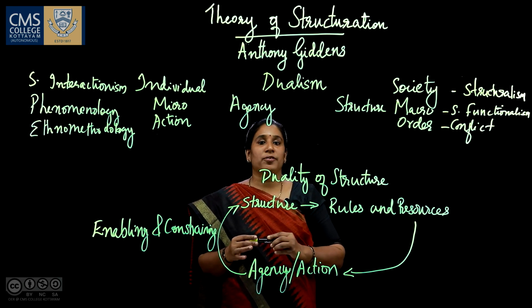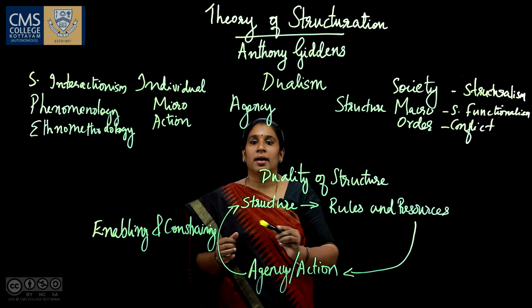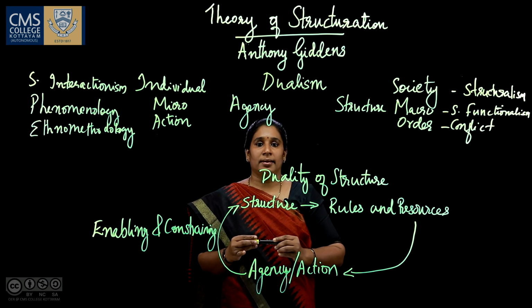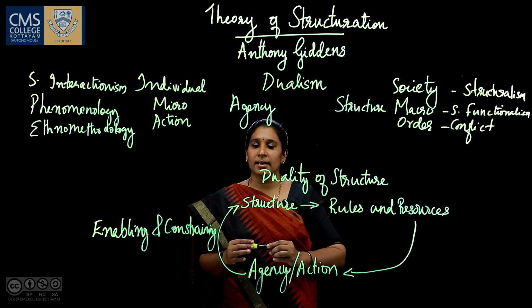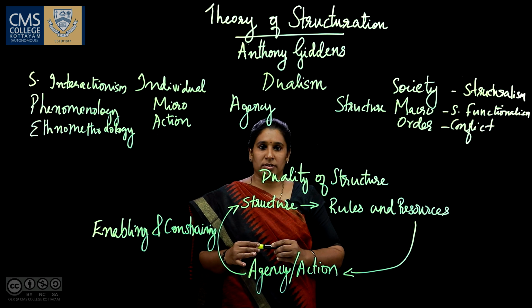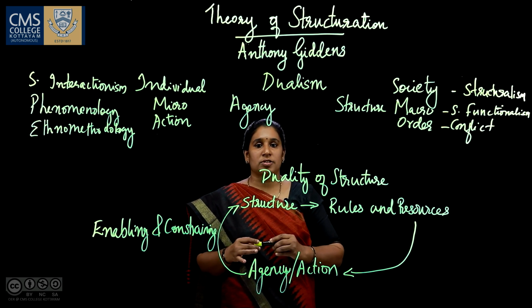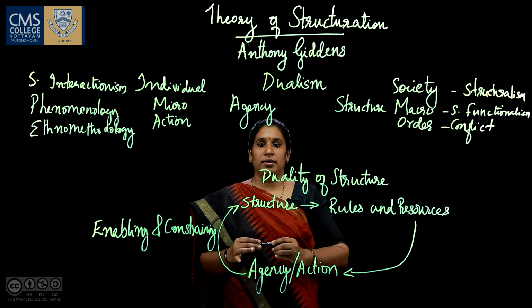The enactment of structure in terms of rules and resources leads to the structure again. That means the structure is implicated in agency and agency leads to creation of structure. That means the theory of structuration combines both agency and structure.